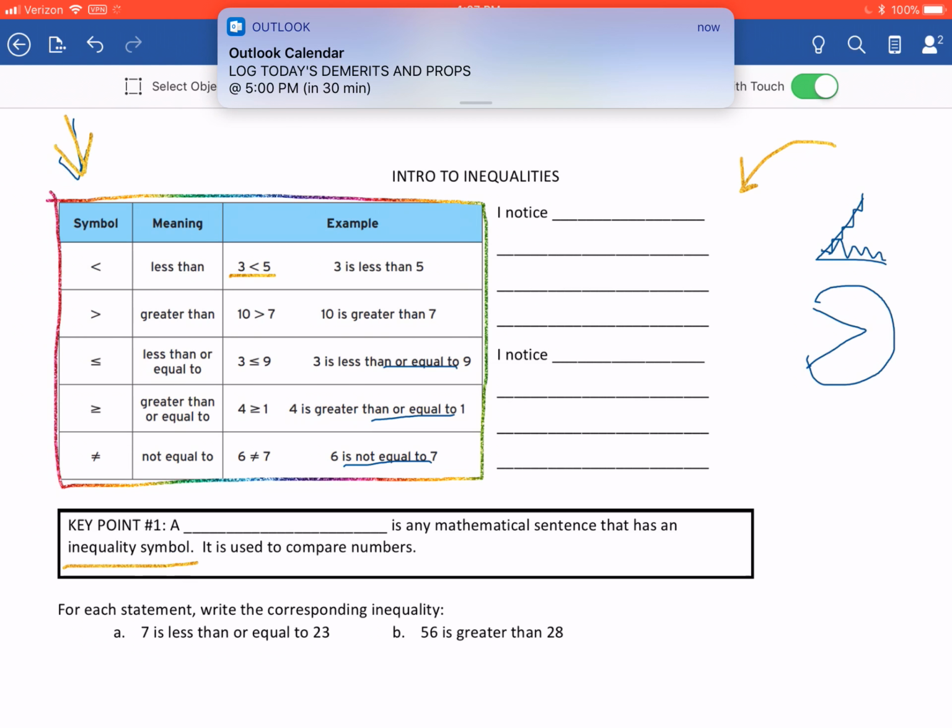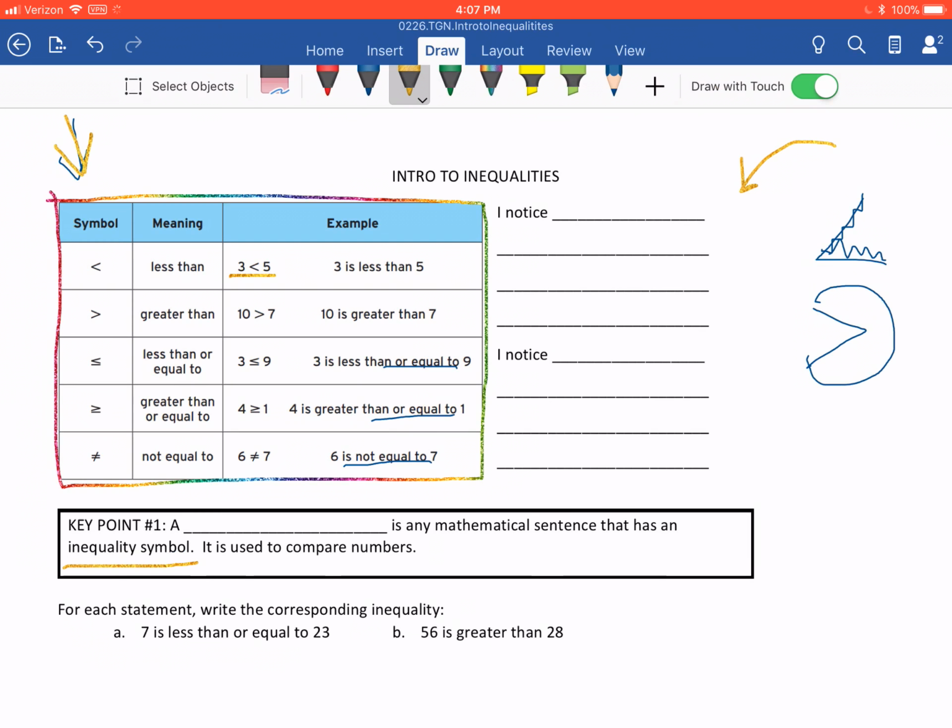And anytime you see that, such as in our example here, of 3 is less than 5, that whole thing together is called an inequality. Inequality. The prefix here of in actually means not. So this word means not equal, just like 3 and 5 are not equal.